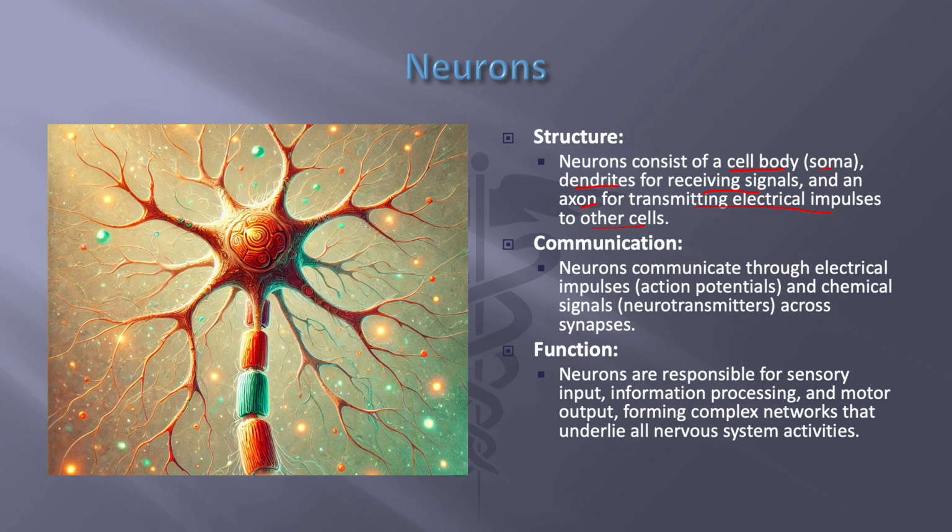And then neurons are responsible for sensory input, information processing, and motor output. They're going to form complex networks that underlie all nervous system activities. Alright, so basic definitions here. And being able to understand this is what's going to affect our ability to understand how the mechanism of action of our local anesthetics work.